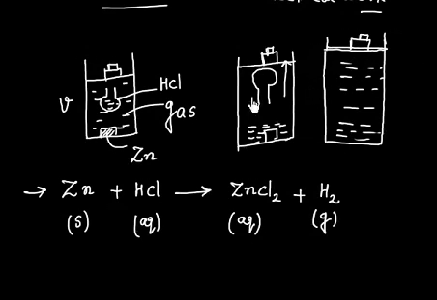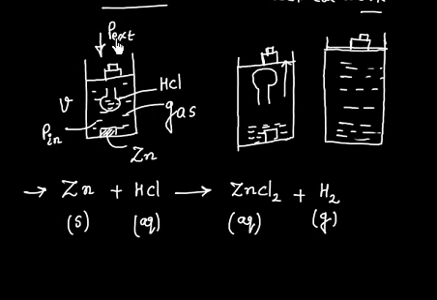Now why is this happening? Because there is a pressure outside: we have external pressure over this piston due to the bait. There is also internal pressure.